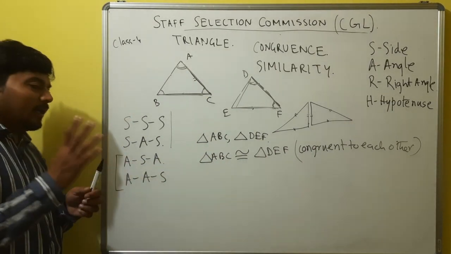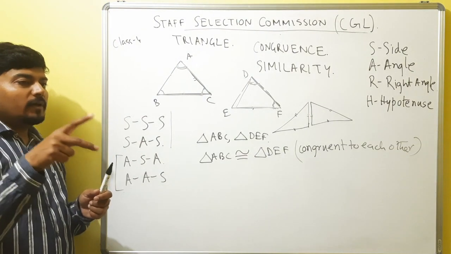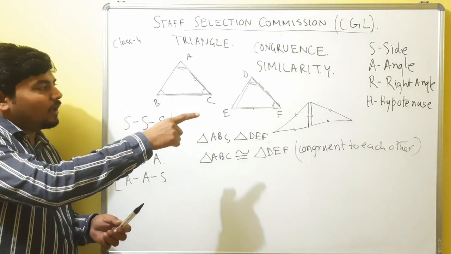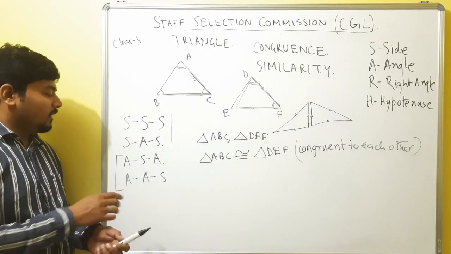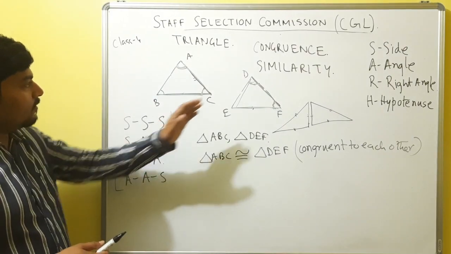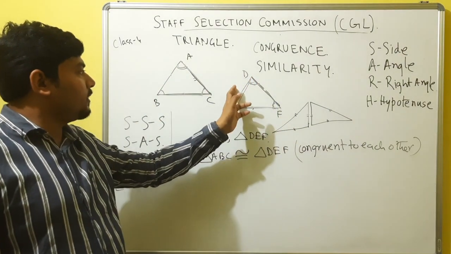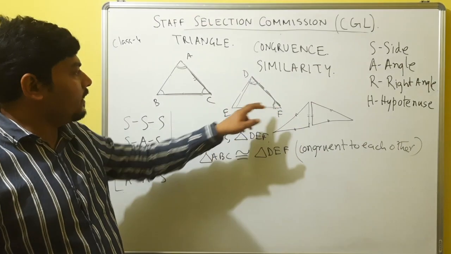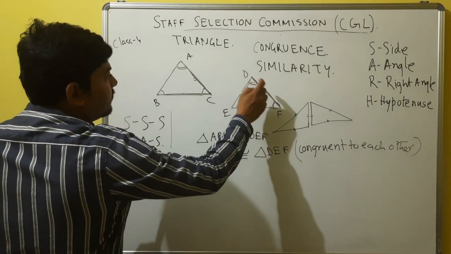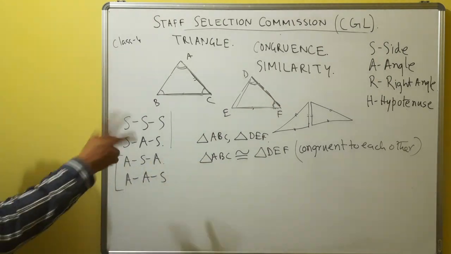It means if two angles and one side are matching with two angles and one side, doesn't matter, this position doesn't matter, you can see, right? Whether it could be between, or this side, or this side, angle side, or angle side angle, so this position doesn't matter.